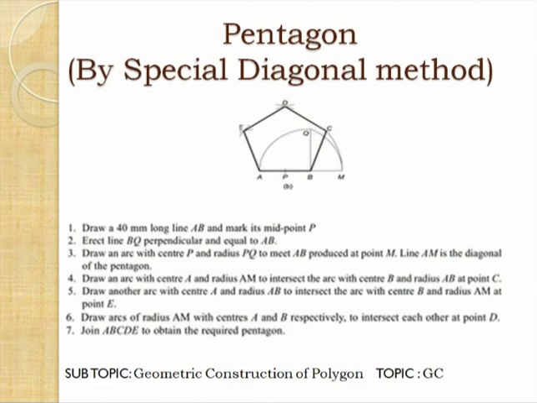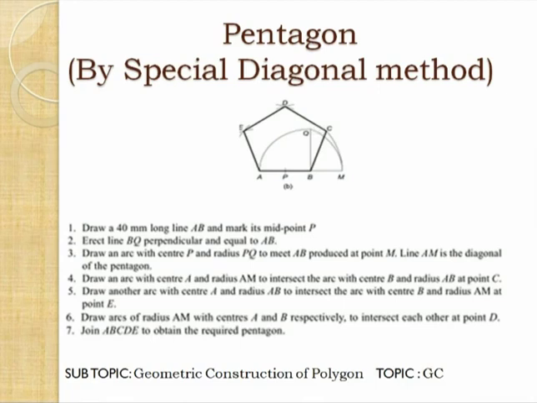So taking center A and length equal to AM, you draw an arc. Taking center B and radius equal to length AB, you draw another arc, and we will get the point C. Same way we can get the point E. Taking center B and length equal to diagonal AM, we can draw one arc.